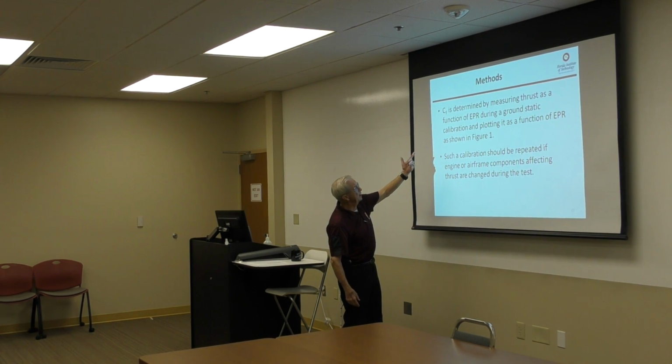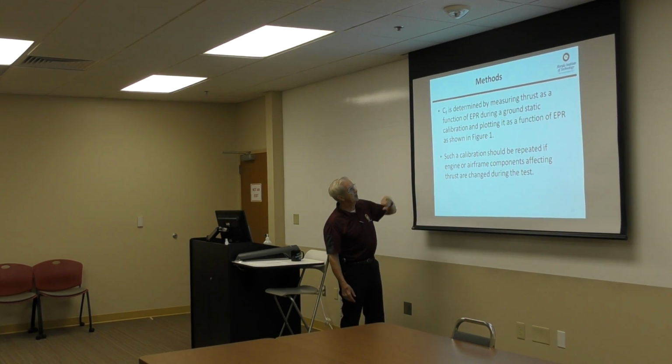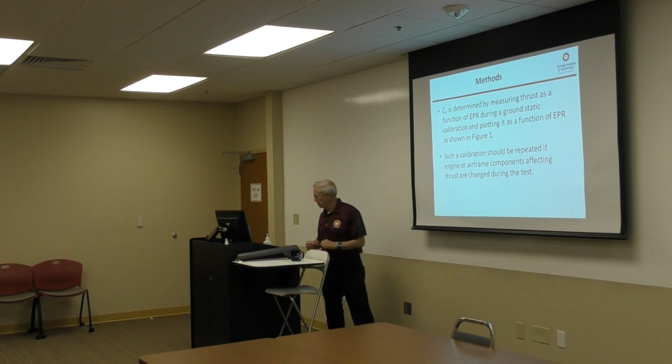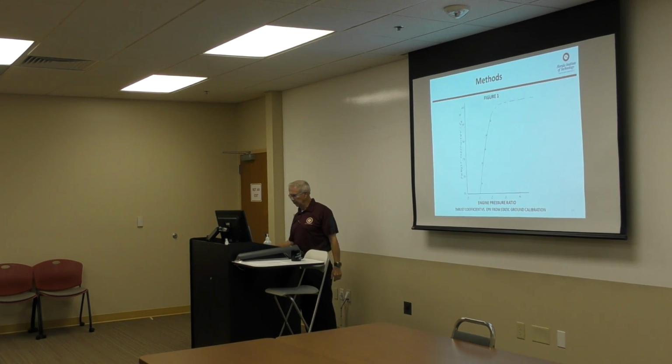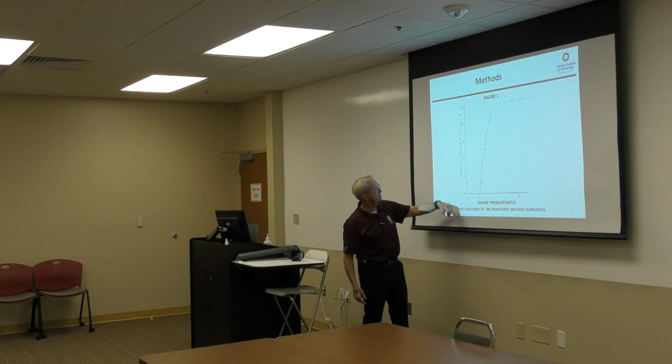So we determined that measuring the thrust is a function of engine pressure ratio on the ground, and a static calibration plotted as a function of the engine pressure ratio, and that's shown in this next figure. And so here's our thrust coefficient in percent, okay?